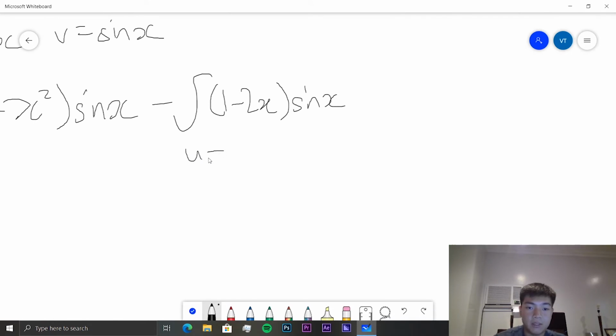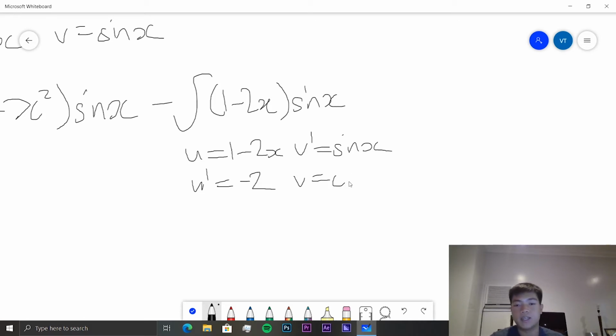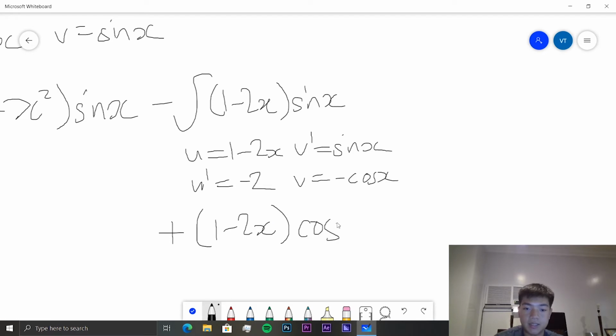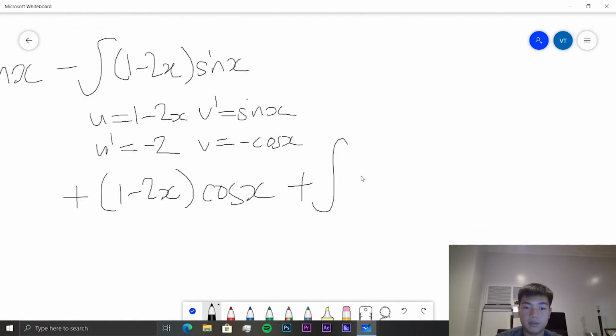So we have u is equal to 1 minus 2x, u prime is equal to -2, v prime is equal to sine x, v is equal to negative cosine x. So this is equal to minus uv, so it's actually plus 1 minus 2x times cosine x, and then we have plus the integral of u prime v, so this is equal to the integral of 2 cosine x, which is of course equal to 2 sine x, plus c.